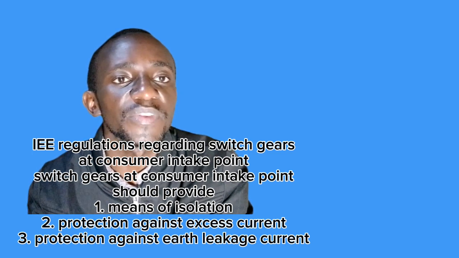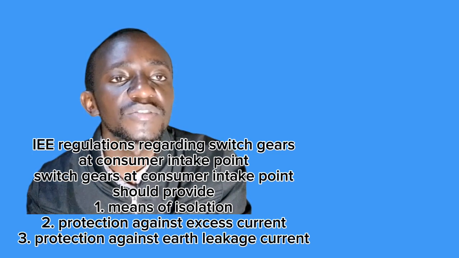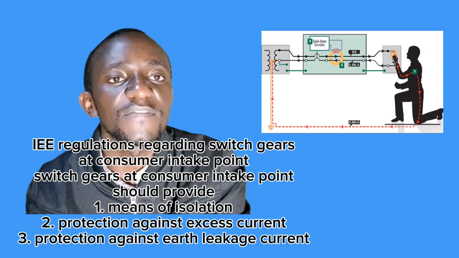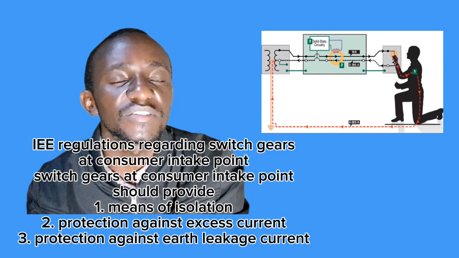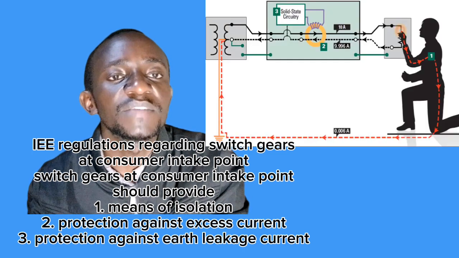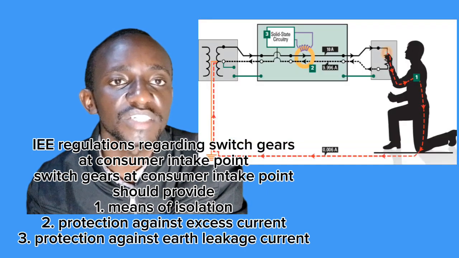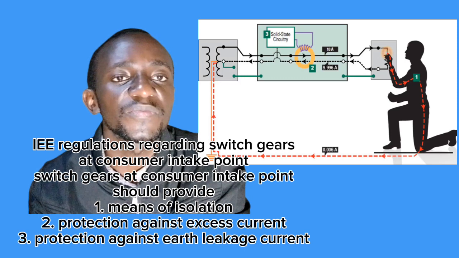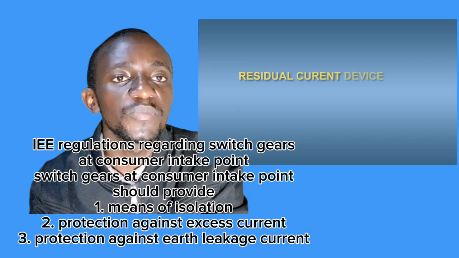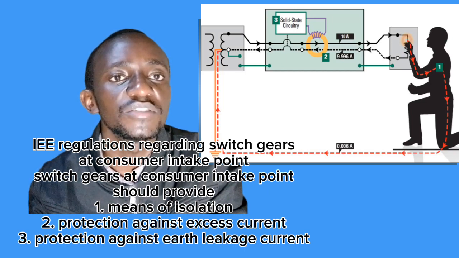For instance, if a person has been attacked by a live wire while standing on the ground, there might be some current flowing from the live wire to the ground, and that is the purpose of the earth leakage circuit breaker, to trip whenever there is any current flowing to the earth.